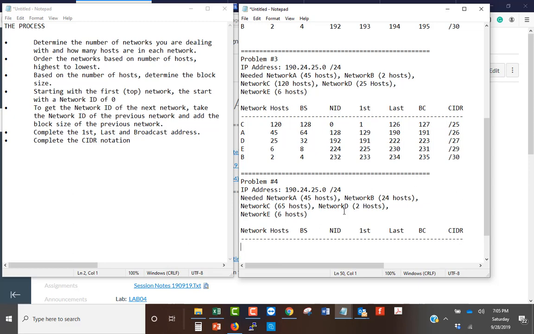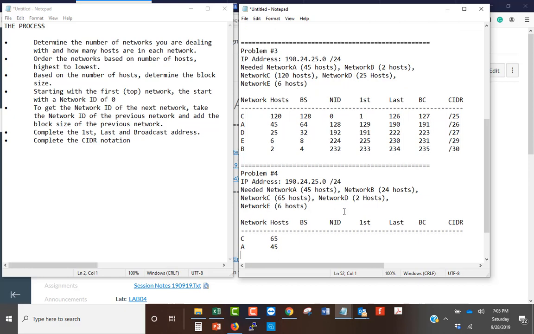Okay, so network A is 45 hosts, B 24 hosts, C 65, D is 2, and E is 6. So let's go through this again. A has 45. No, C is actually larger. So C has 65. Excuse me. A 45.